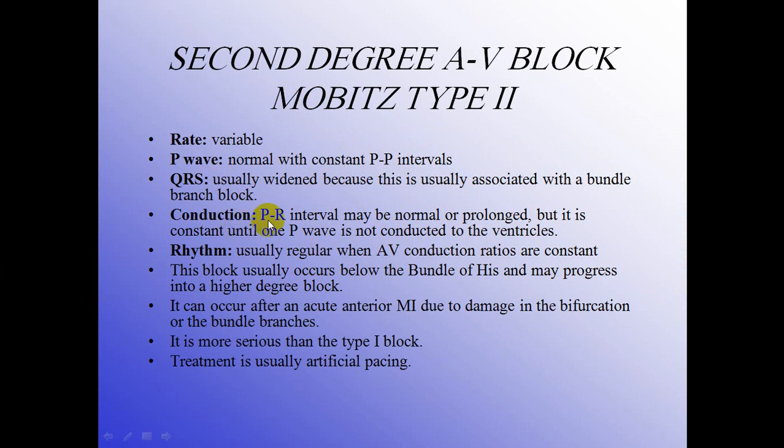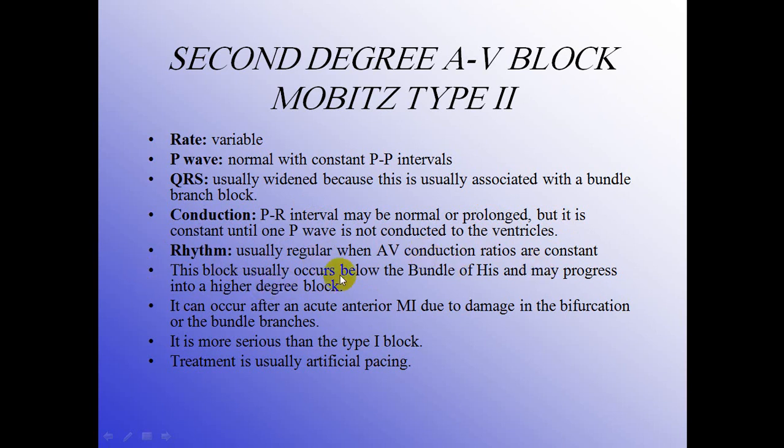PR interval may be normal or prolonged, but it does not repeat itself like Mobitz type 1. It is constant until one P wave is not conducted to the ventricle. Rhythm is usually regular when AV conduction ratios are constant.